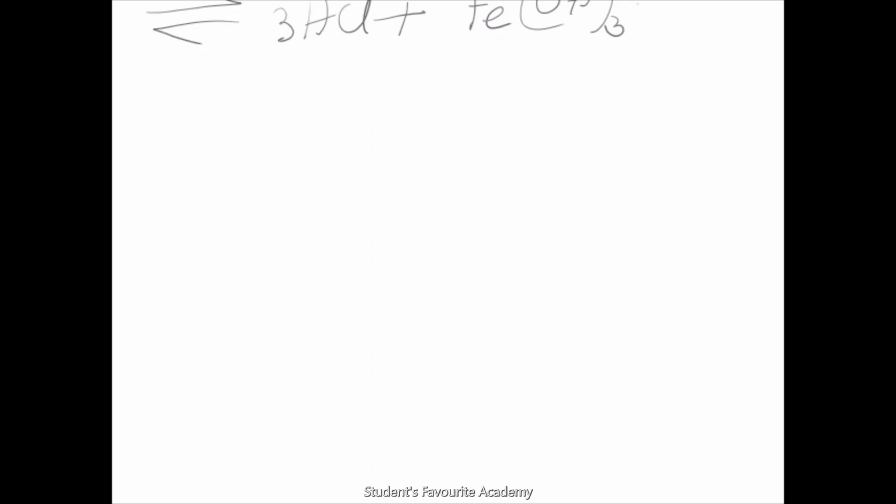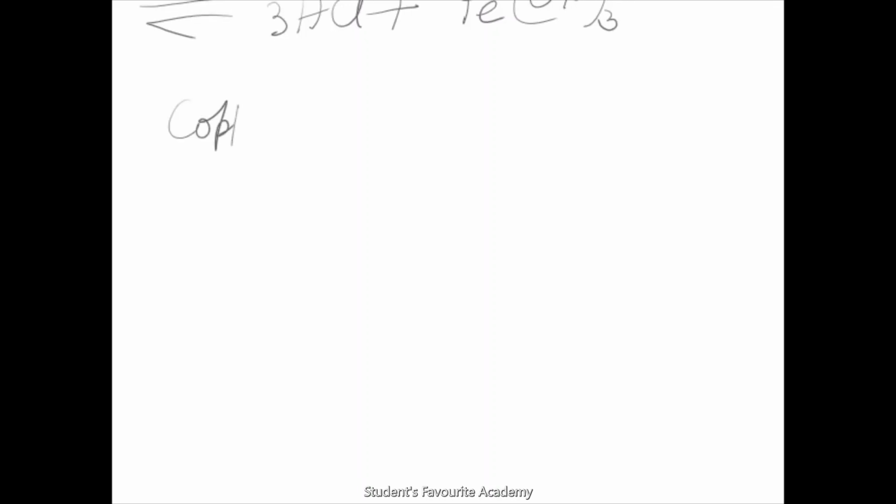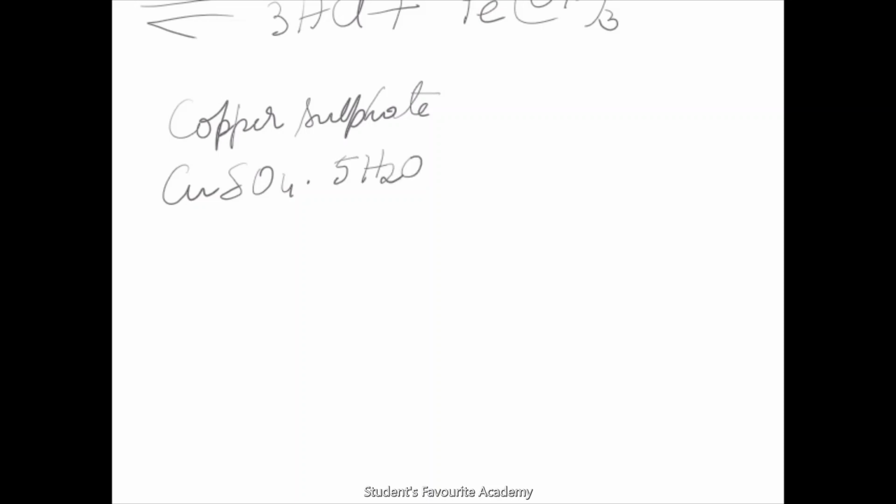For example, copper sulfate crystals. They absorb 5 molecules of water, and this is written as CuSO4.5H2O, which is blue in color. They are blue crystals. When you heat, what happens?